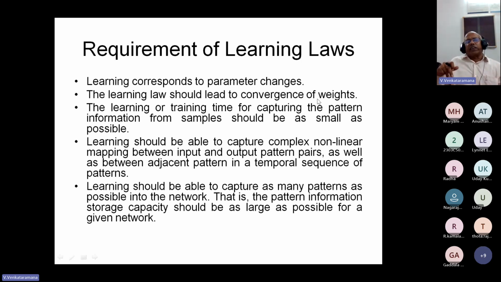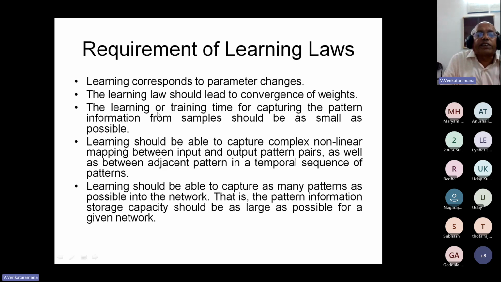Every time we modify the weights and give the input again, we reduce the error. Therefore, whatever learning law we use should lead to convergence of the weights. The weights should be stabilized at the end, after 1,000 or 2,000 iterations. Otherwise, there is no use of the learning law.